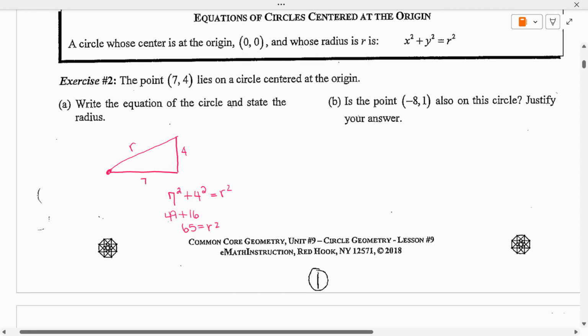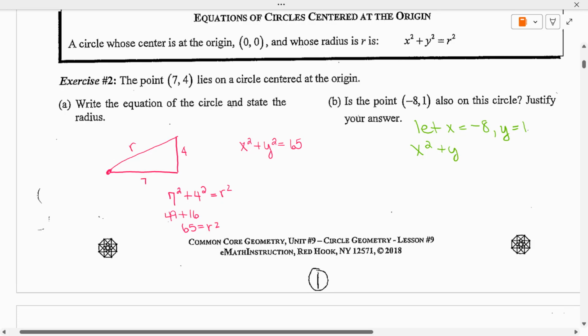So what is the equation of the circle? It's x squared plus y squared equals 65. Is the point -8, 1 on this circle? Justify. So this means we're going to let x equal -8, and we're going to let y equal 1, and we're going to plug it into our equation.